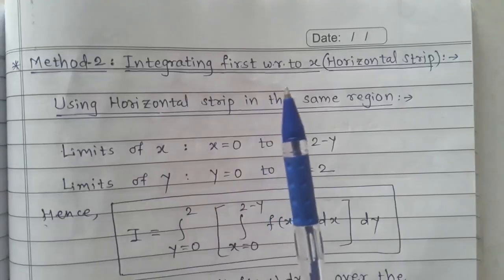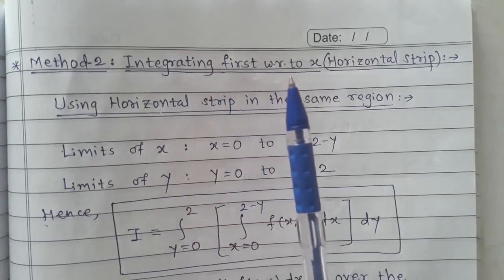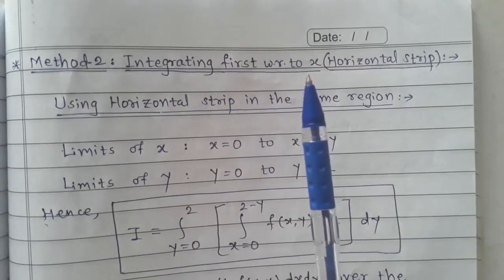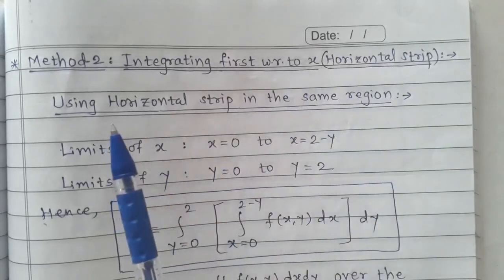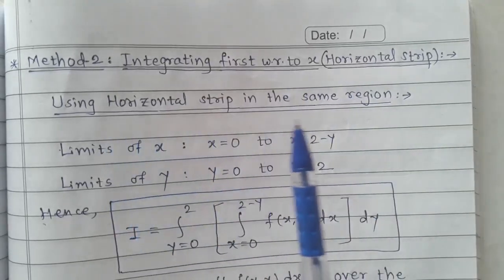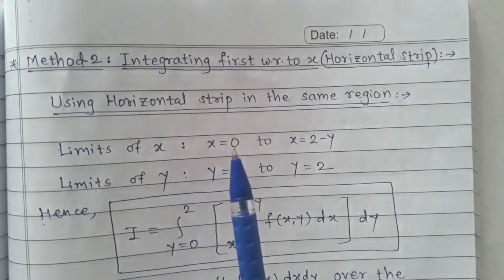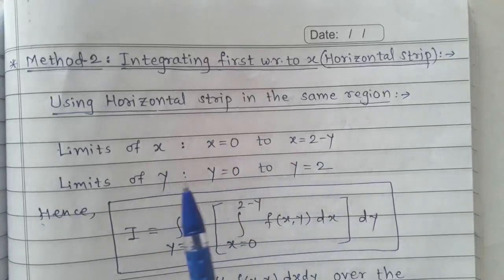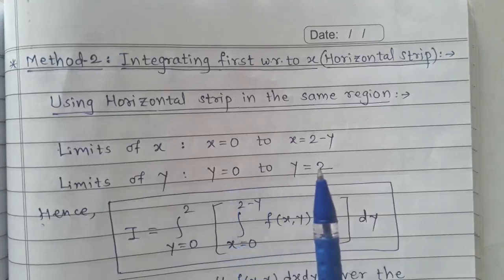The same thing is written here: when we consider the second case, integration first with respect to x, x is a horizontal axis, therefore the horizontal direction will be considered from left to right. Using the horizontal strip, we already calculated the limits. We have to break the walls x equal to 0 and x equal to 2 minus y, and the range for y, for the bullet to pass through the color, is y equal to 0 to y equal to 2.